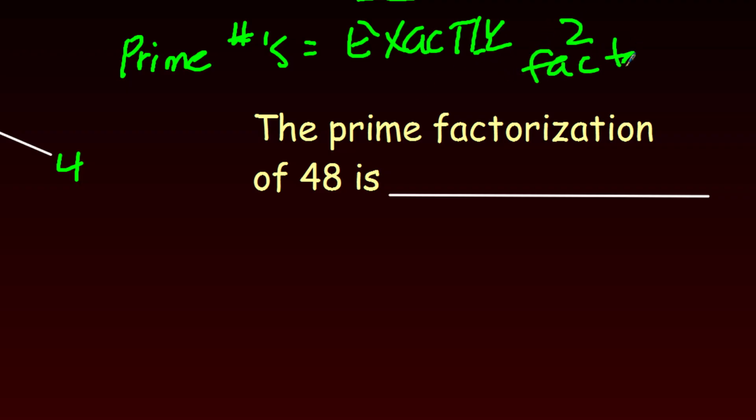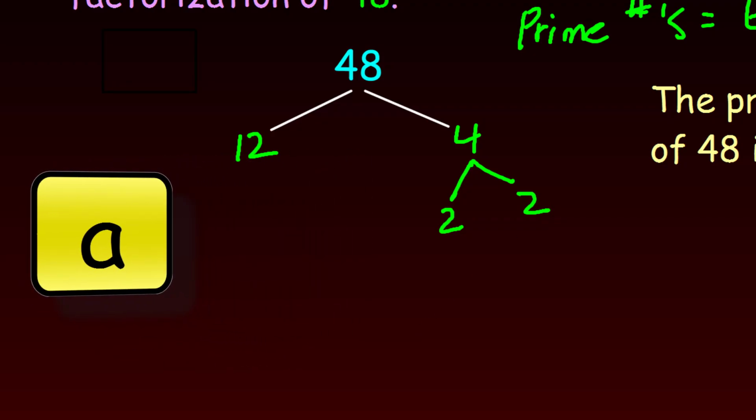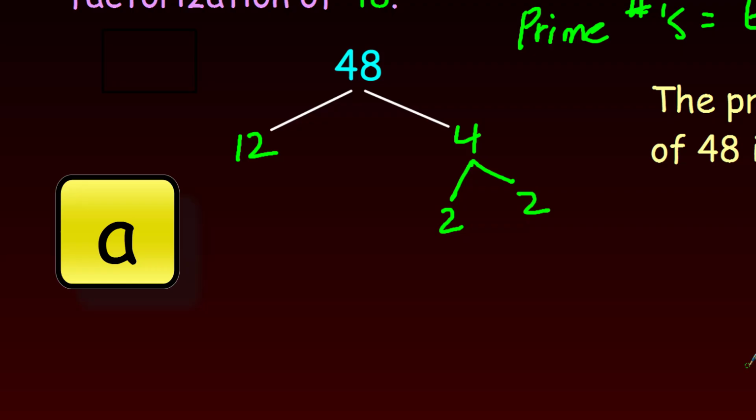Over here, that's not true because 4 has more than two factors: 1 times 4 and then 2 times 2. So this actually has 3 factors. If it has more than 2 factors, we continue on. So we end up with 2 times 2. 2 is a prime number because 2 only has 1 times 2.